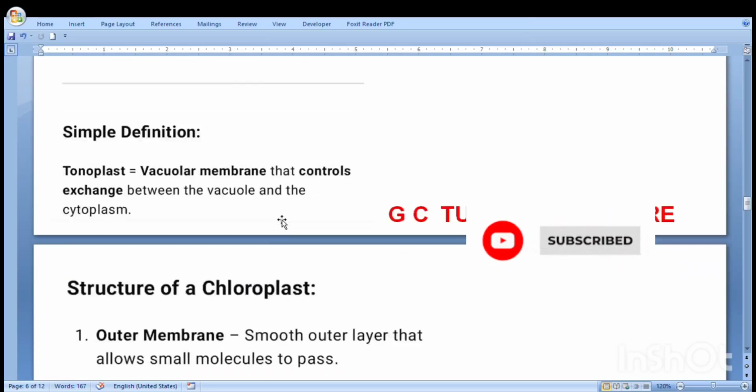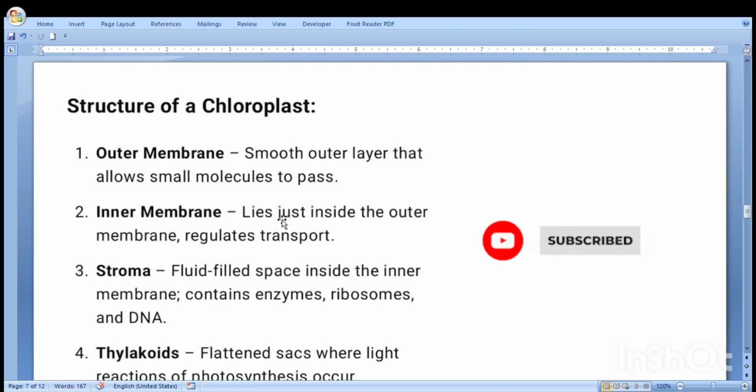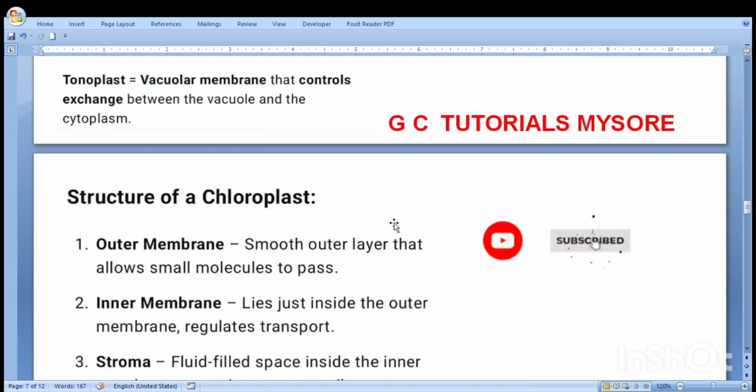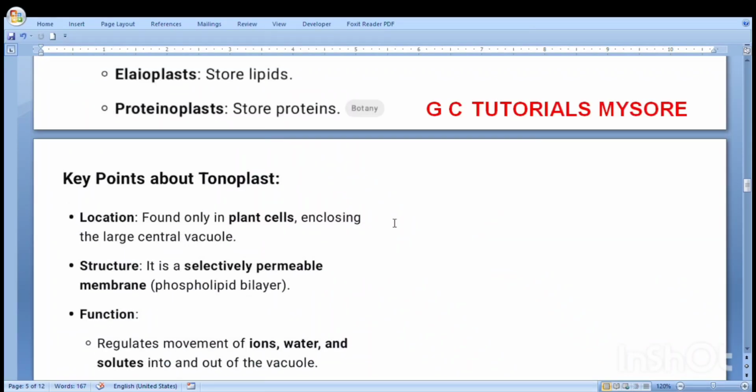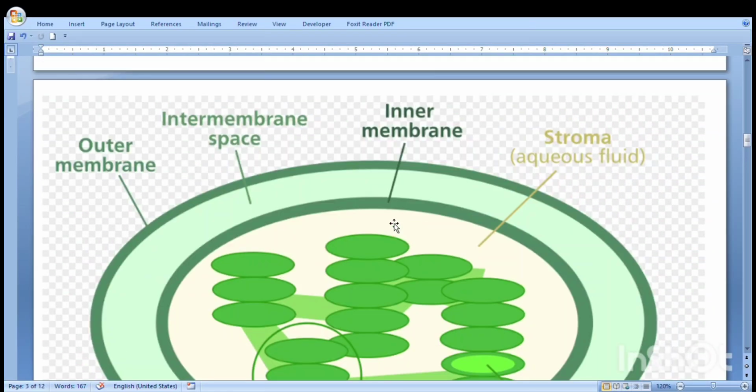Okay, next, the structure of the chloroplast. The structure of the chloroplast is like this. The intermembrane space is present.